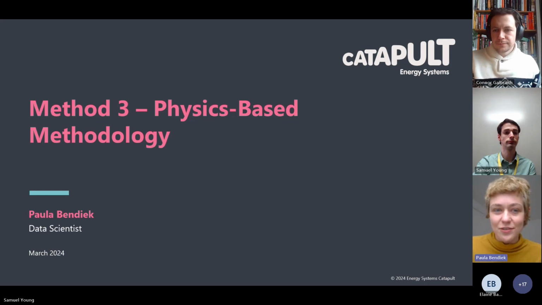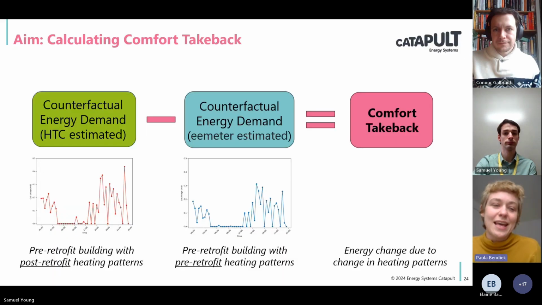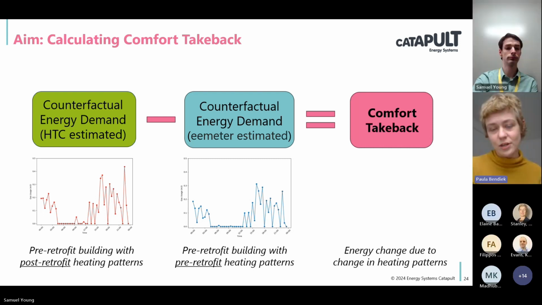Yeah, I'm going to talk you through the physics-based methodology, which has the aim to calculate the comfort take-back. Next slide, thanks. So we want to calculate the comfort take-back, and the way we do that is we have two counterfactual energy demands. One where we don't take into consideration the internal temperature, which is the comparison-based methodology that Connor just talked you through.